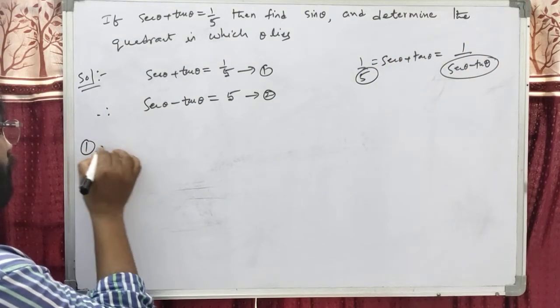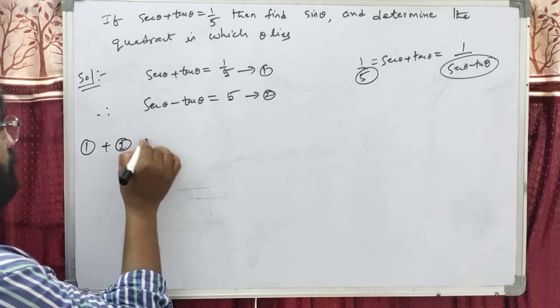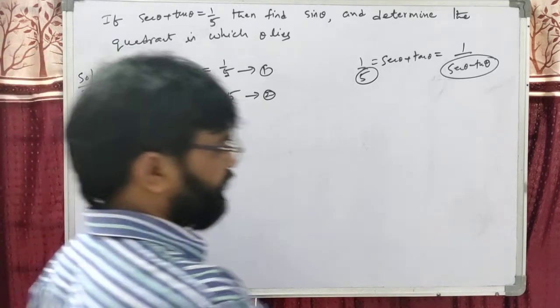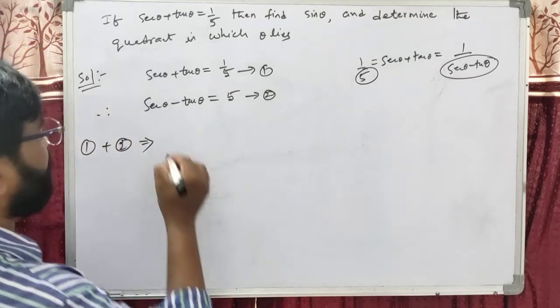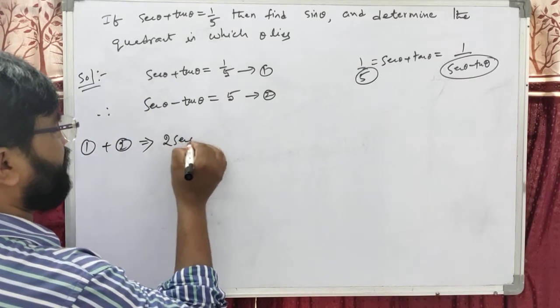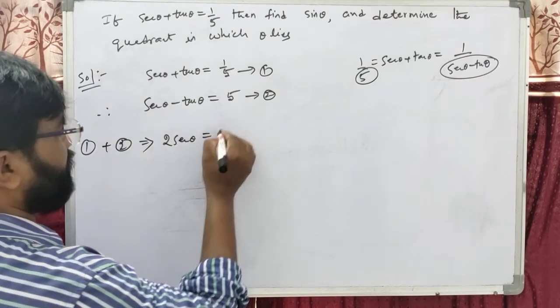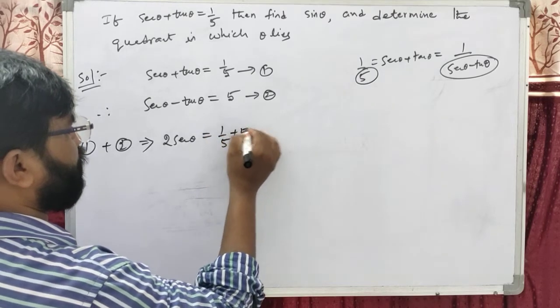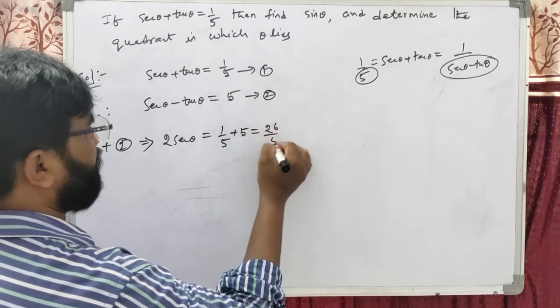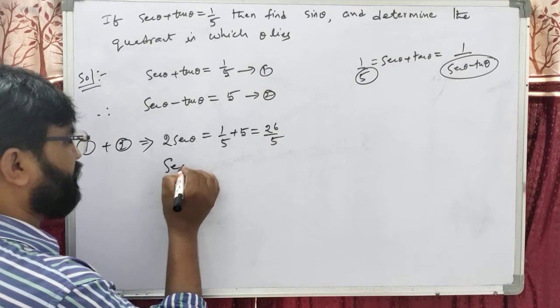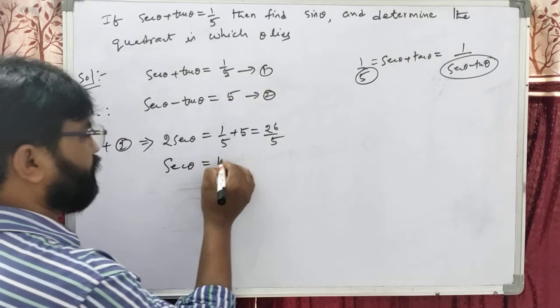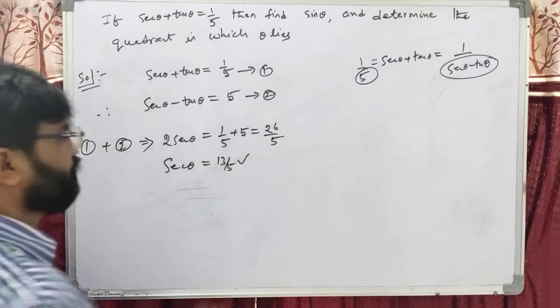Now, students, when we take 1 plus 2, secant plus secant is 2 secant. This is 1 by 5 plus 5, which is 26 by 5. Therefore secant theta is 13 by 5.